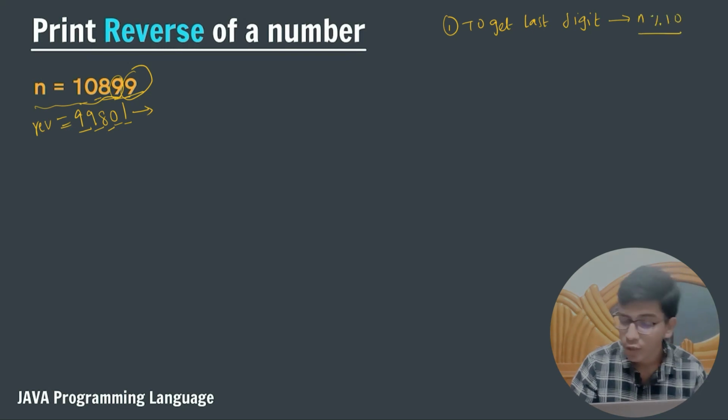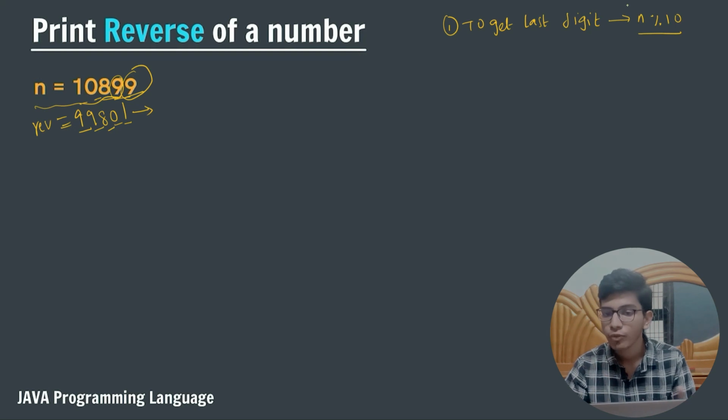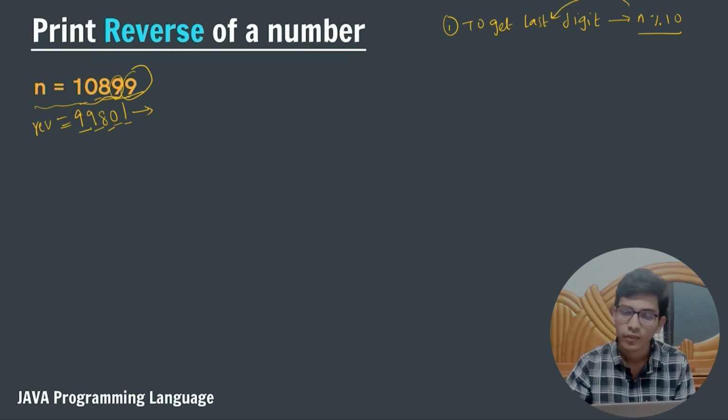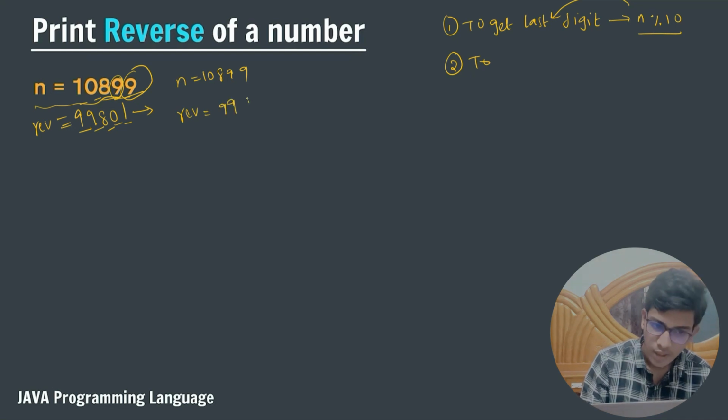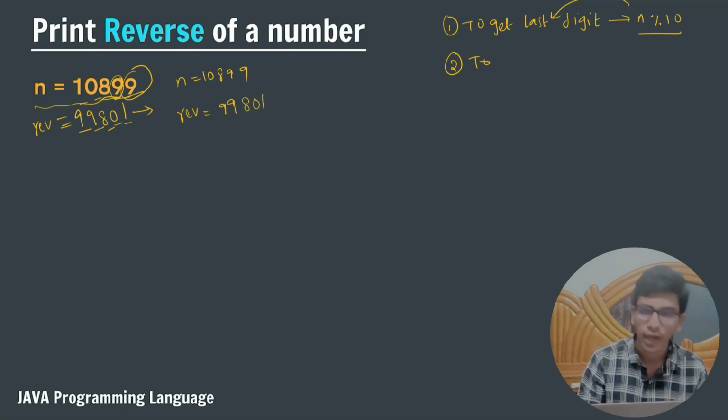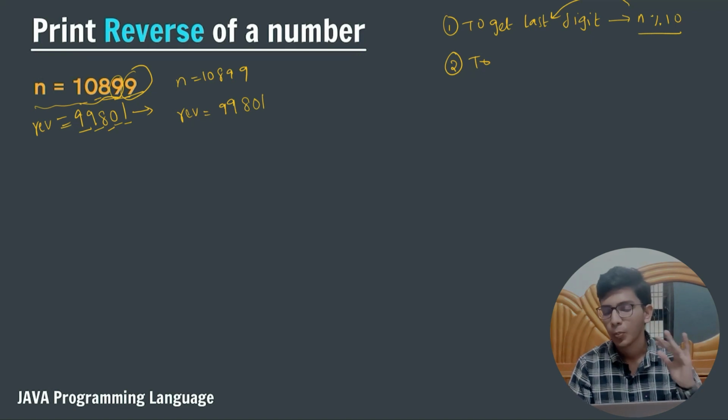We'll use n modulo 10, and this will give us the last digit of that number. And the second step will be to remove the last digit. Suppose we consider that n is equal to 10899. First of all we have to print 99801. This is the reverse of our given number.